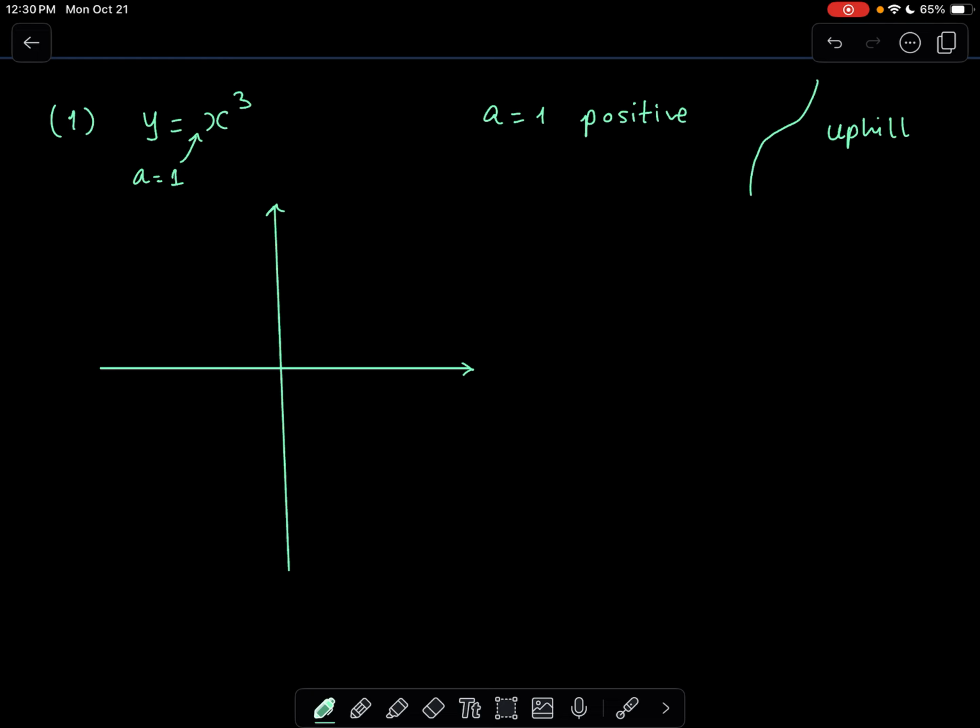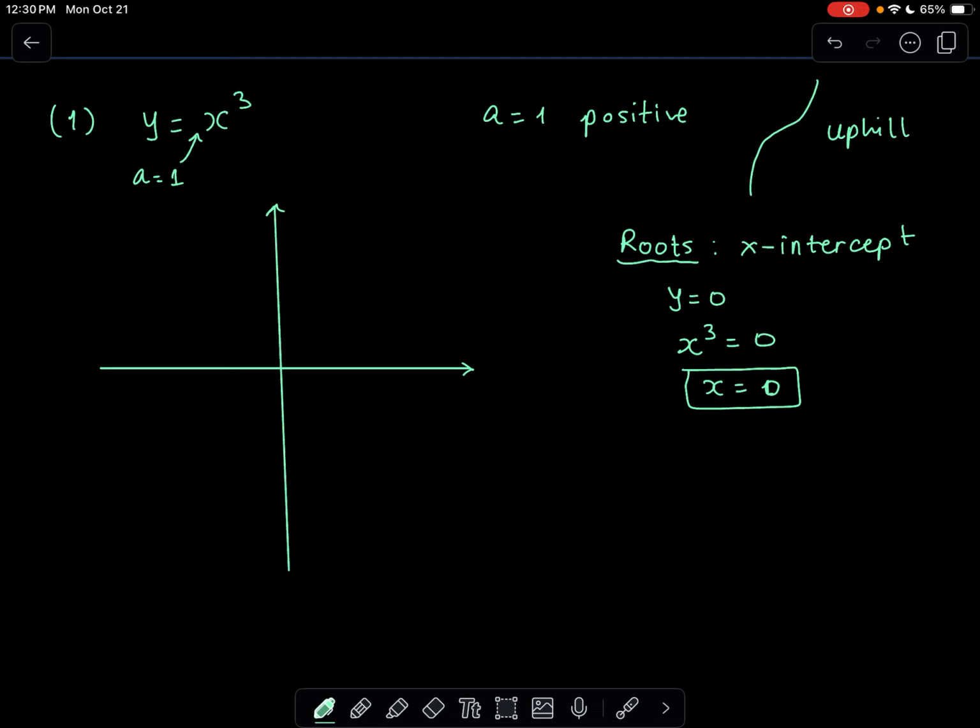So now y is equal to x cube. We know that the root, or the x-intercept, is going to be 0, because if you put y equal to 0, then x cube is also going to be equal to 0, or we could say that x is equal to 0.